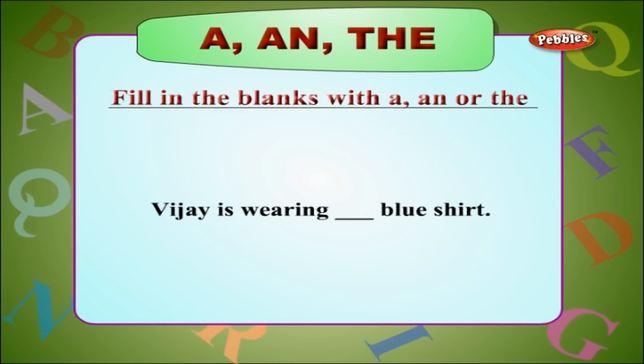Vijay is wearing dash blue shirt. Here we should use a. Vijay is wearing a blue shirt. Where is dash other book? Here we should use the. Where is the other book?